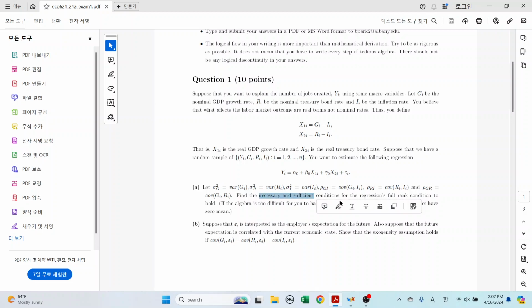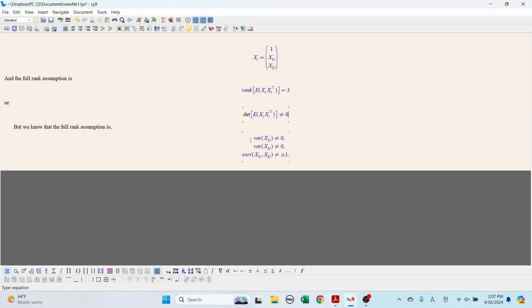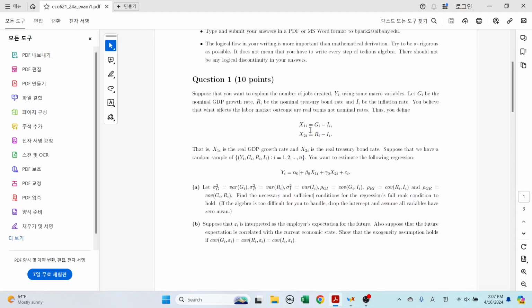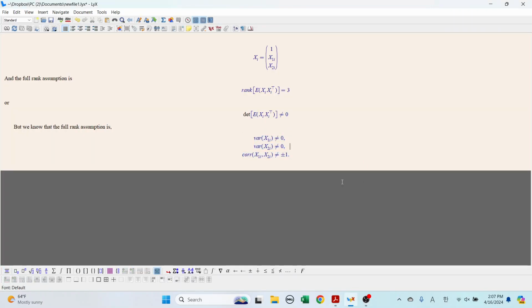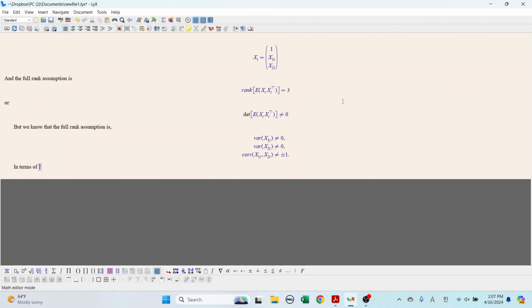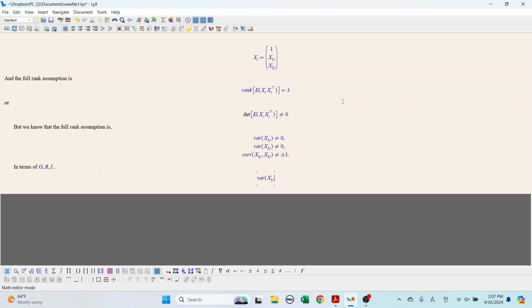Let me see what the question was: necessary and sufficient conditions for the regression's full rank condition. What I wanted is for you to interpret these three conditions back in terms of the actual variables, G, I, R. The variance of x1i becomes the variance of G_i minus inflation, not equal to 0. But the variance of G minus I is the variance of G plus the variance of I minus 2 times the covariance.